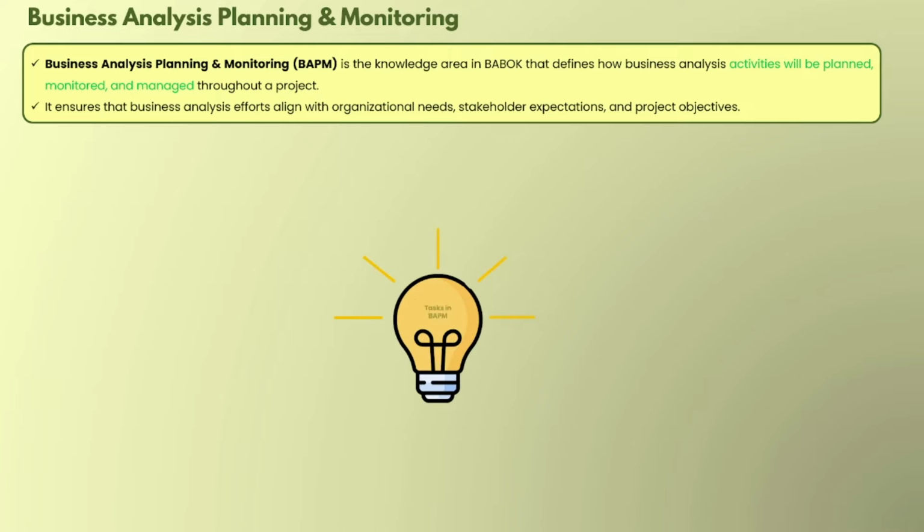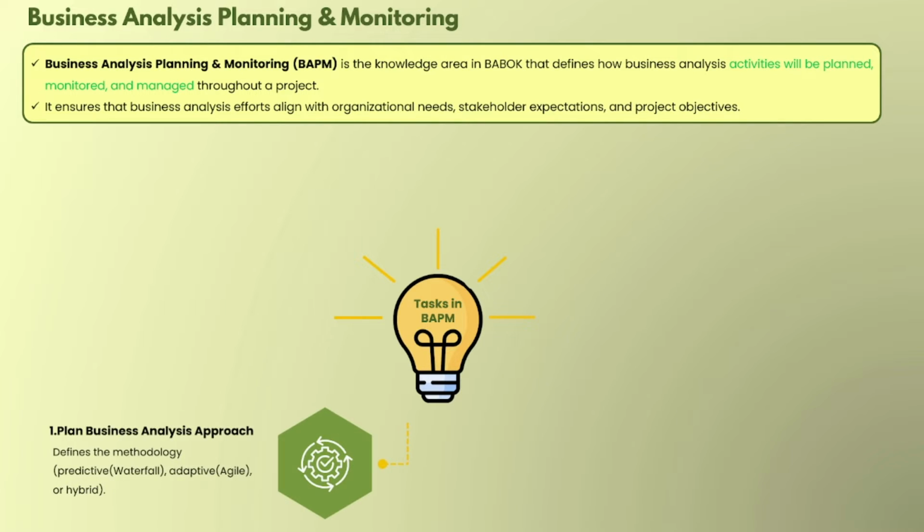Now let's check the tasks involved in BAMP. Plan business analysis approach. It decides how you are going to do the BA work, whether it is waterfall, agile, or something in between. Just pick the best way to get the job done. Next, plan stakeholder engagement.